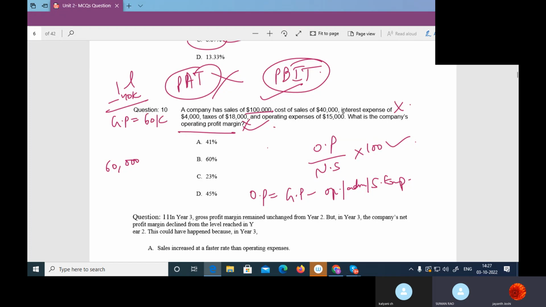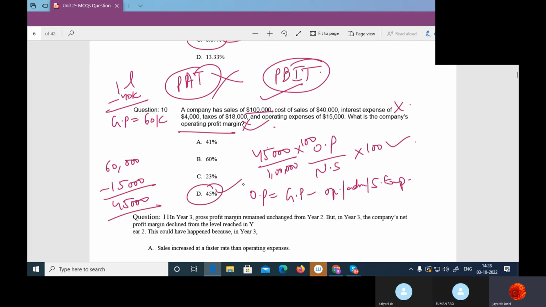So no need to deduct those. We will just deduct the operating expenses of 15,000. You get 45,000. 45,000 divided by 1 lakh into 100 is 45%. Okay.